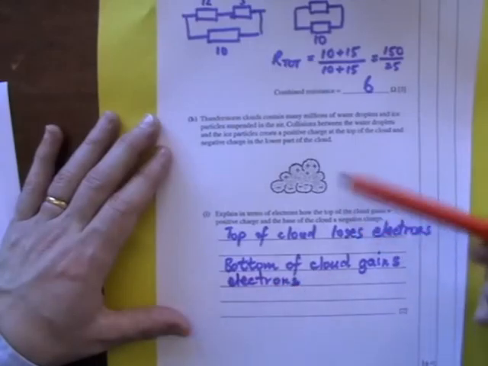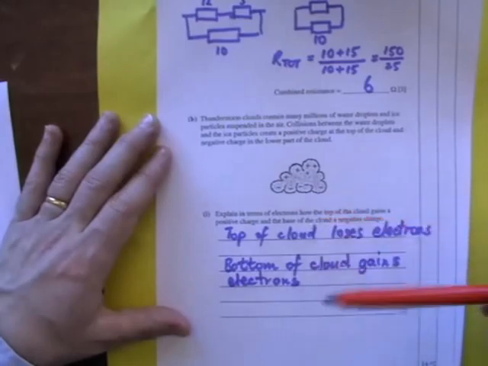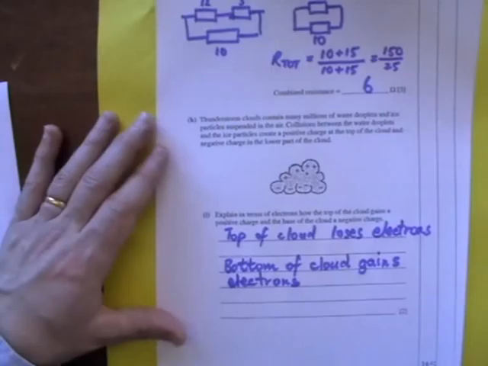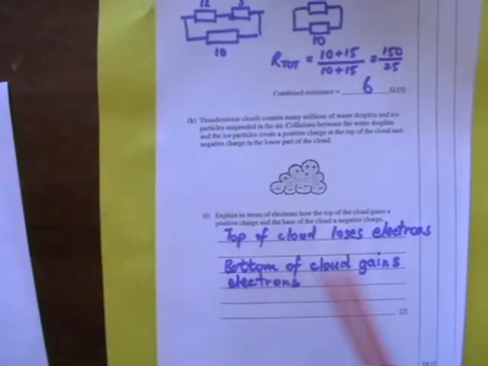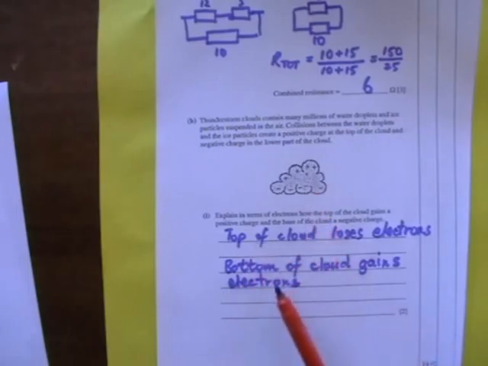So there's a movement of electrons from the top to the bottom, and in order to get that positive or negative charge explanation, you could maybe write a few more lines in there about that, but that's essentially what happens. The top of the cloud has lost electrons, they move to the bottom of the cloud which gains electrons, so the top becomes positive.